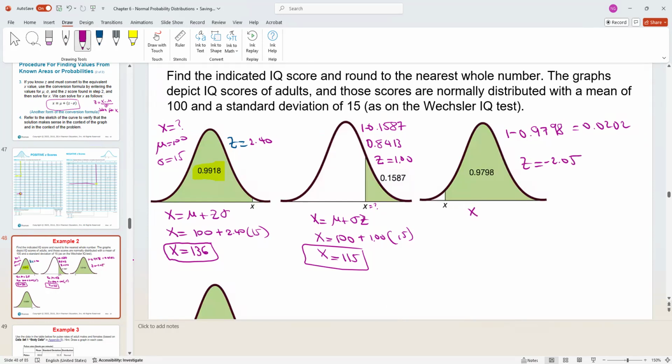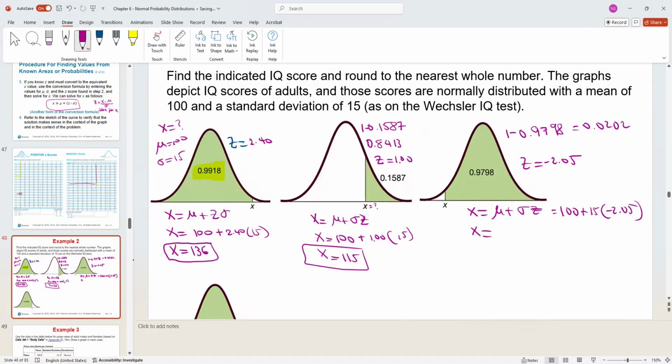Now remember, X equals the mean plus Z sigma. So it should be 100 plus 15 times negative 2.05.